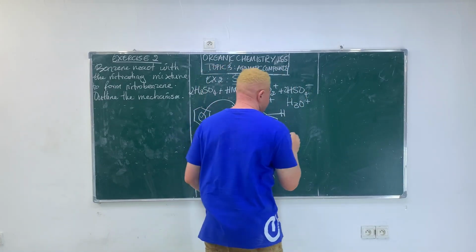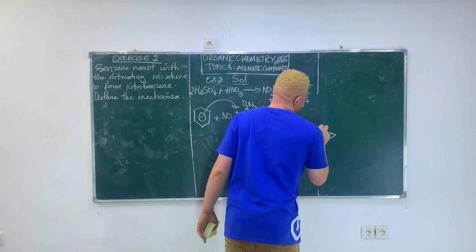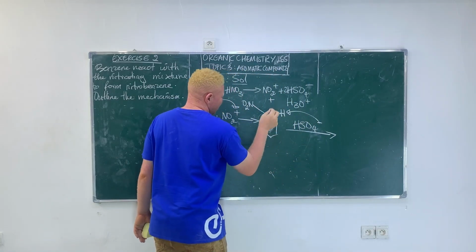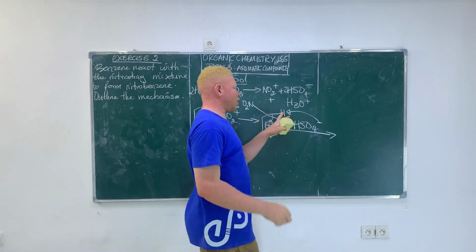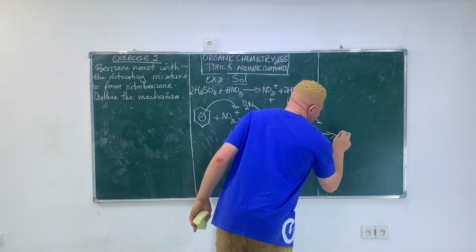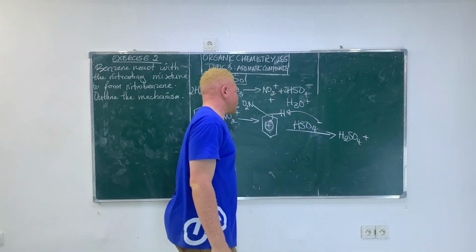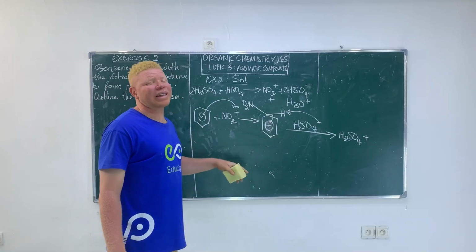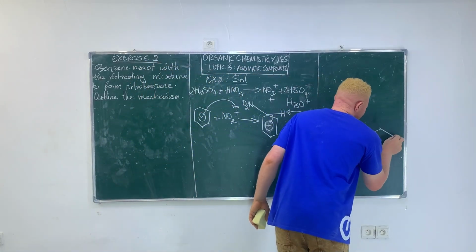So here we have HSO4 minus, it collects the hydrogen, the ring is being restored, so that H plus HSO4 minus gives H2SO4. We have nitrobenzene, because this bond came back inside the benzene to complete the ring. So now you have nitrobenzene.